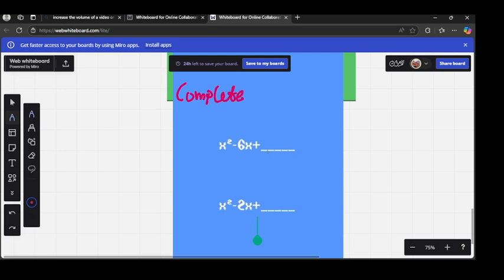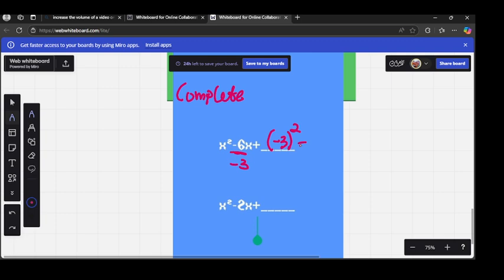So let's do that. So I have x squared minus 6x plus, what would we add here to make this a perfect square also? Now first of all, this is no longer 6, this is now minus 6. Now what is half of minus 6? We know it is minus 3. So now we are going to add the square of minus 3 to this to make it a perfect square.